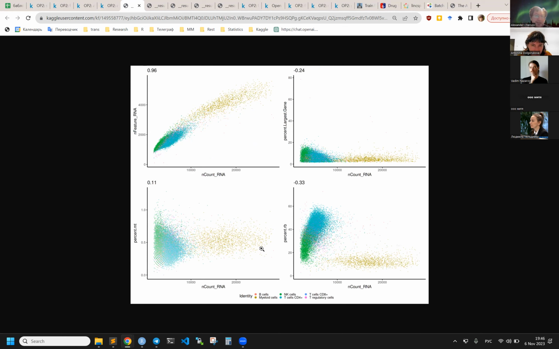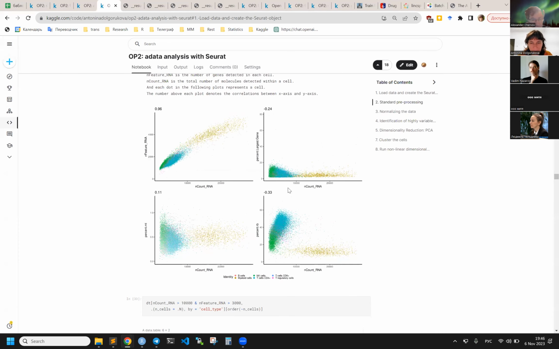The first picture is kind of natural, that number of features should be correlated with the total count. But what is surprising is that the cell types are that much different. Yeah, cell types are separate clusters in our data. So for me, it's unexpected. It's very strange.